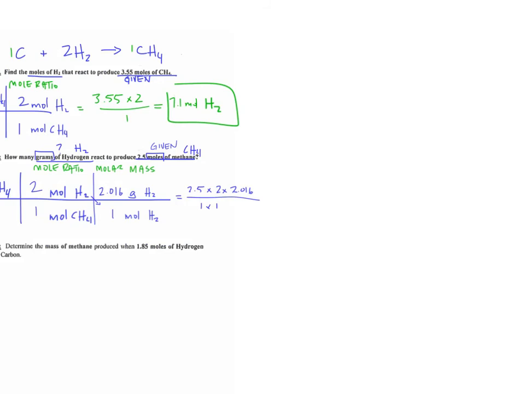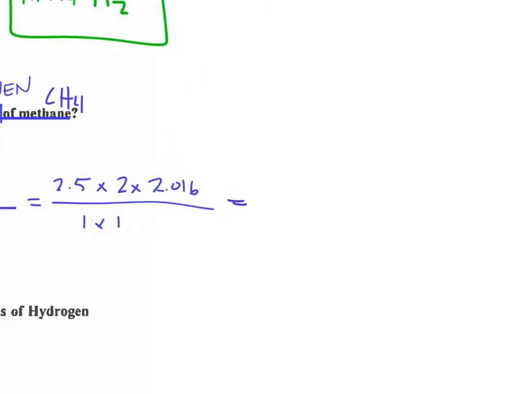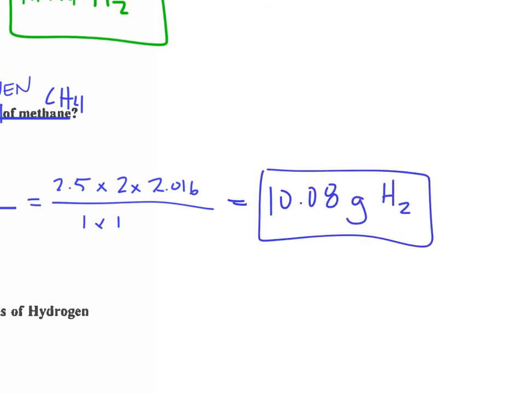Oops, let's try that again. There we go. So 2.5 times 2 times 2.016 gives me 10.08 grams of hydrogen gas.